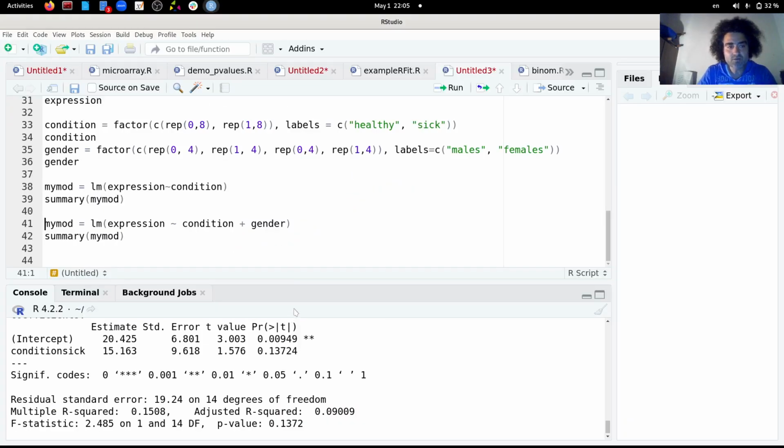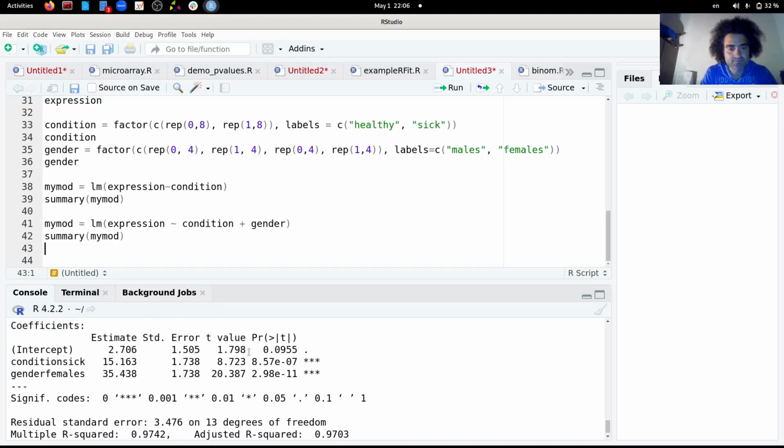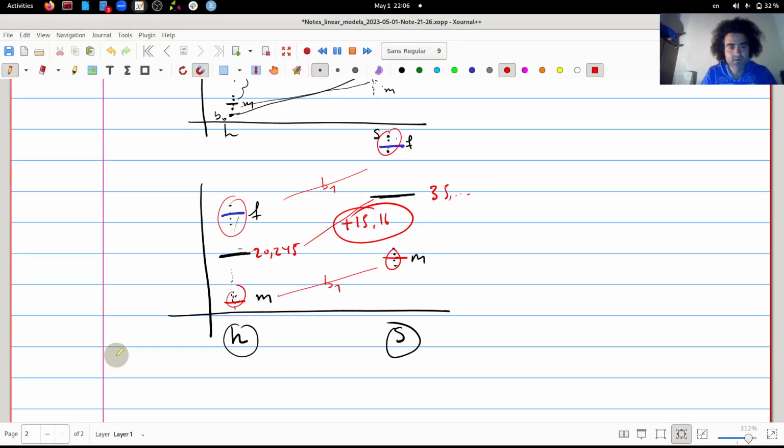Now if we take into account the gender, then we have the following result. The intercept is 2.7. So the B0 is 2.7. Again, it's not exactly the mean here; it's probably a bit below the mean.